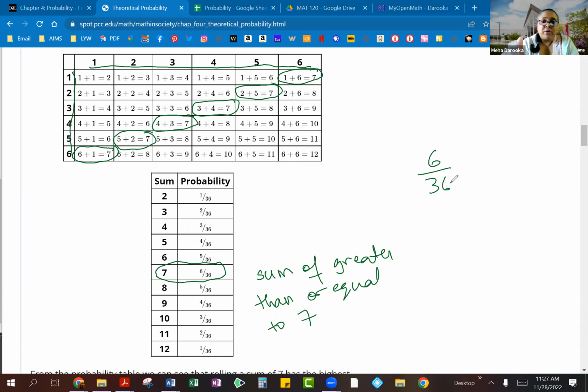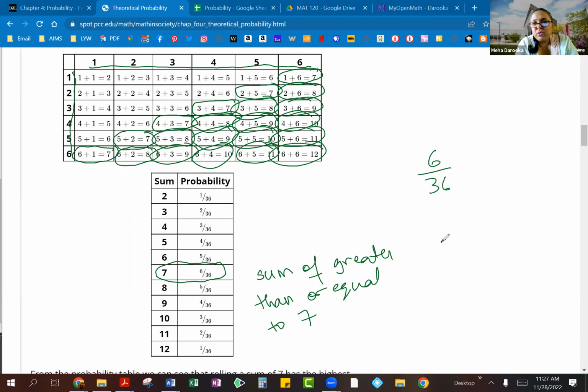Then we are talking about also the numbers that are greater than 7. So your sum is greater than 7, which would include all the 8s, all the 9s, the 10s, the 11s, and the 12s, anything that is larger than 7. So counting those, we had 6, 7, 8, 9, 10, 11, 12, 13, 14, 15, 16, 17, 18, 19, 20, 21.